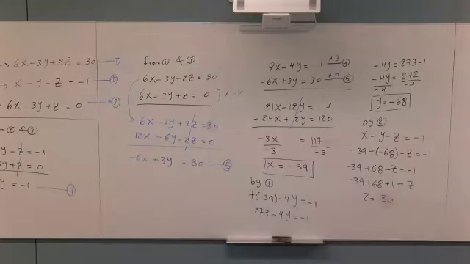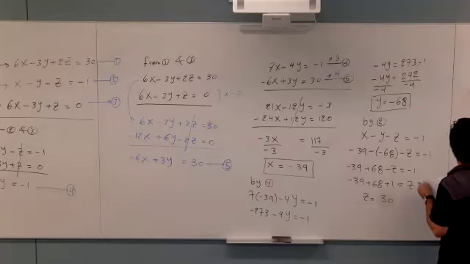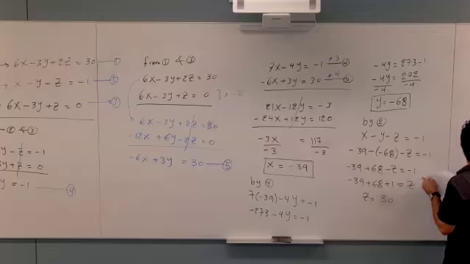Let's do another one. Now the other question is a little bit tricky. Don't confuse yourself about the next one. We have x plus y equal 19. We have 2x minus z equal 4.